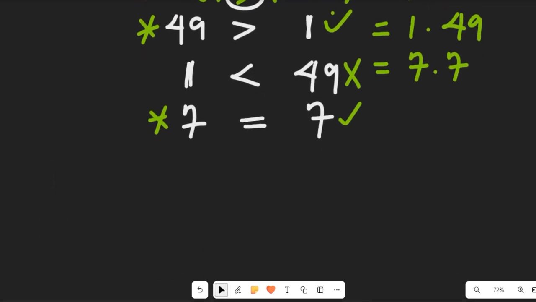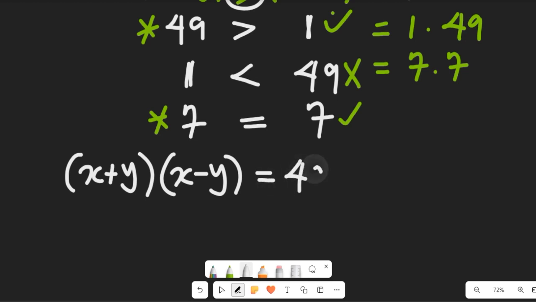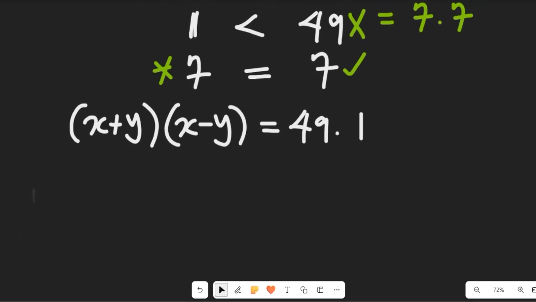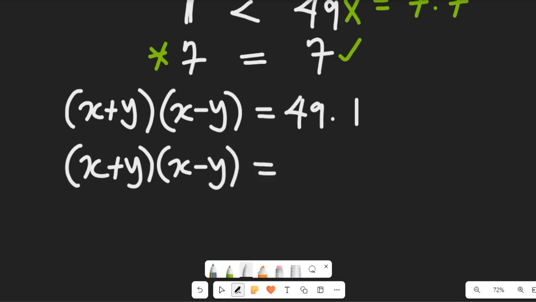Now let's do that. From those expressions, you can agree with me that I can have x plus y multiplied by x minus y to be equal to 49 multiplied by 1. And from the other expression, we also have x plus y multiplied by x minus y equal to 7 multiplied by 7.